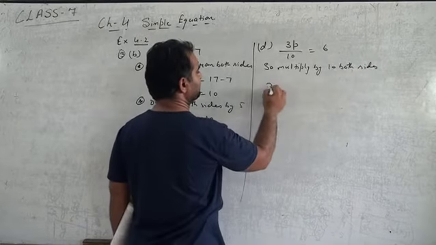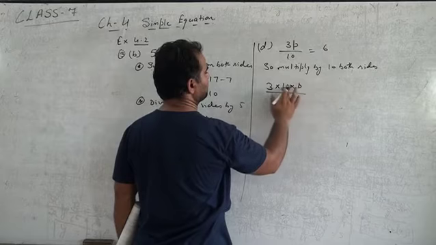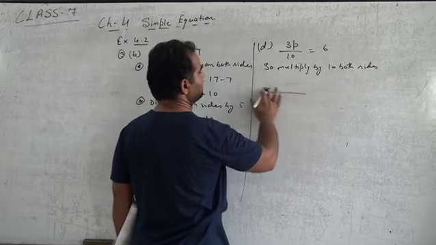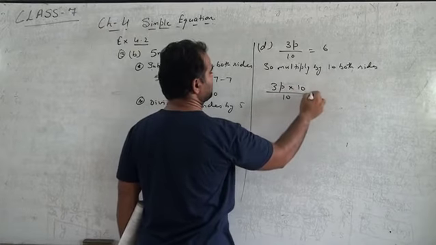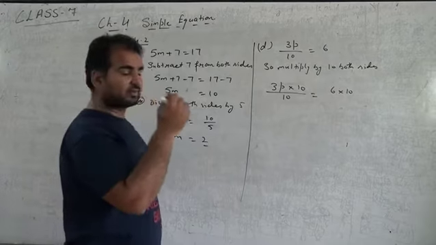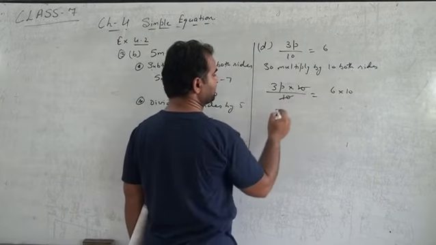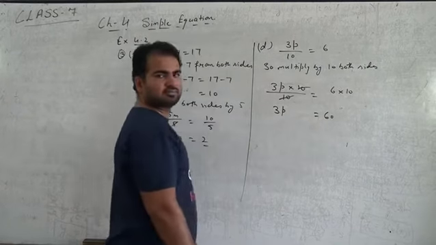So it will be 3 into 10 into p upon, or we can say that it will be 3p multiplied by 10 upon 10 equals 6 into 10. Done. This 10 and 10 will be cancelled. It will be 3p equals 60.